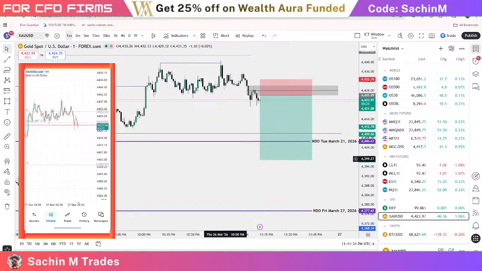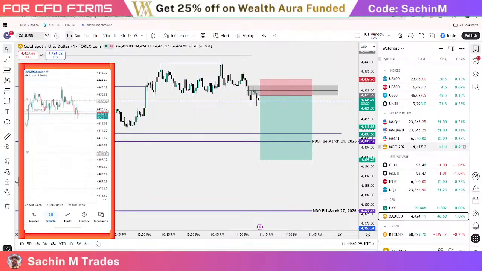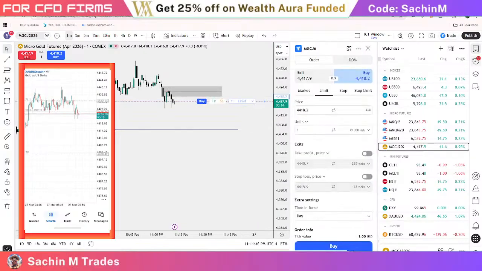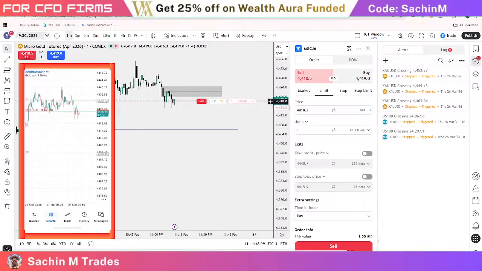So we have sold the market, and now let's wait for the market to take our entry. Now let's do the same on gold. We enter with, let's trade, sell, stop loss above the previous candle high.